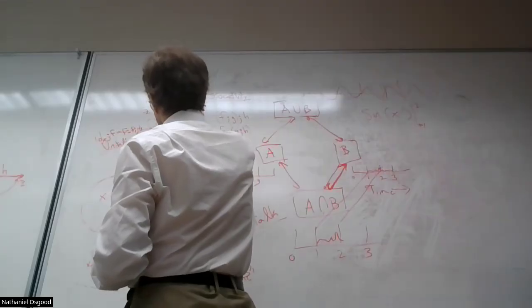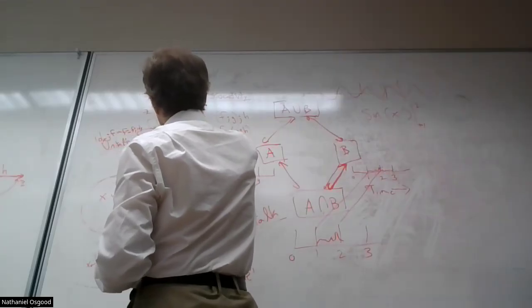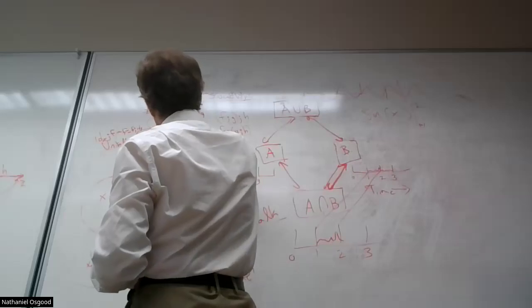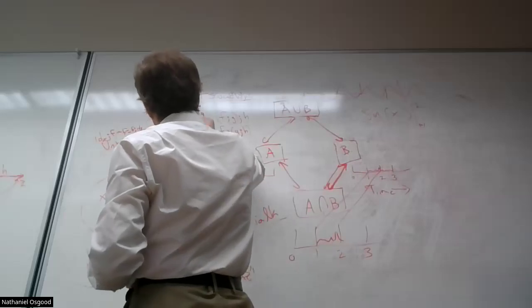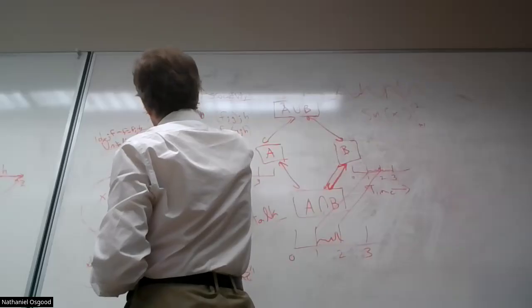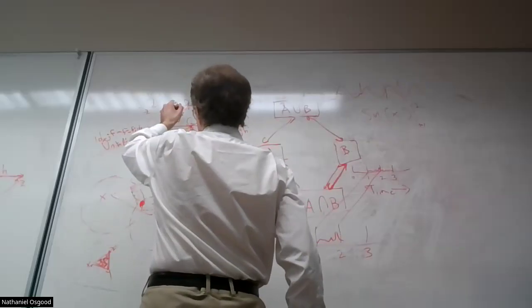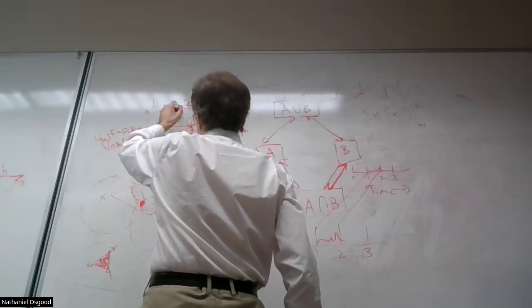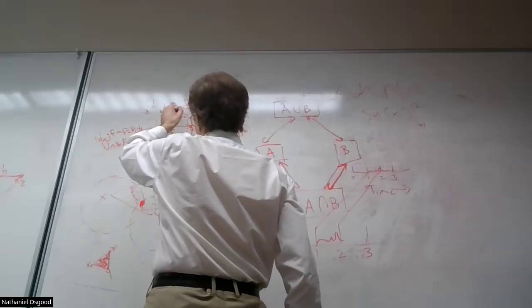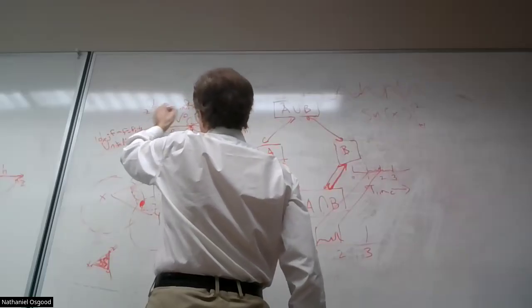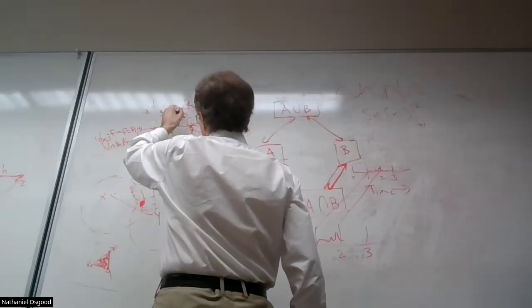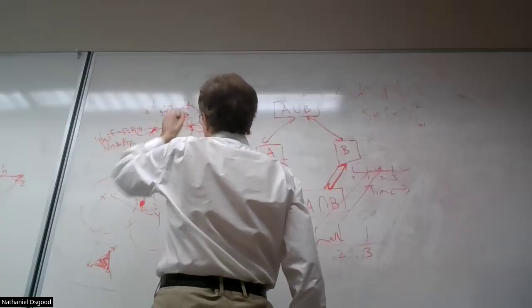So if you're starting at X, the two ways of getting to W are the same, and that's why we put a check mark. Sometimes people write a little circle, and it commutes. It's the same either way.